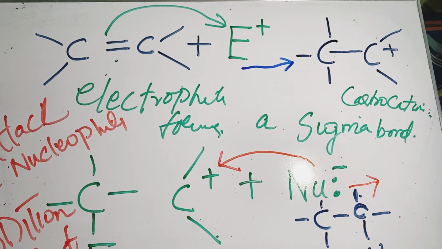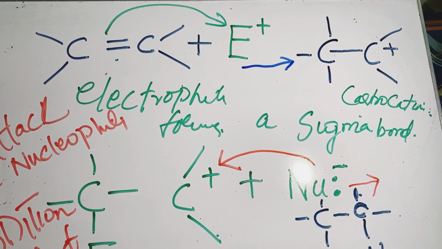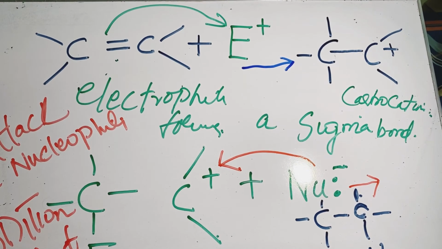I first tried to explain what a pi bond is, because most students don't understand it. Then in the beginning I told you what electrophilic addition to alkenes is, and that a number of reagents can be added to the alkene double bond, resulting in the most stable products. Such reactions are very favorable, that is, energetically favorable.